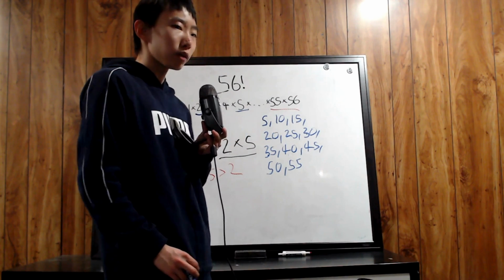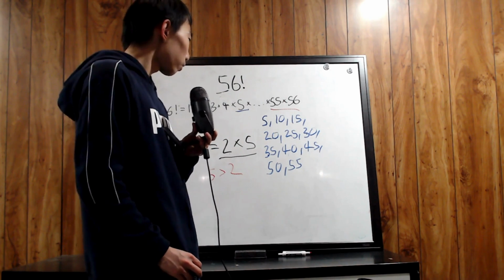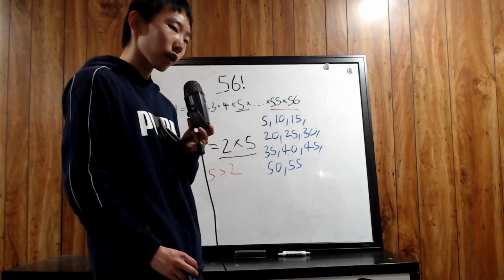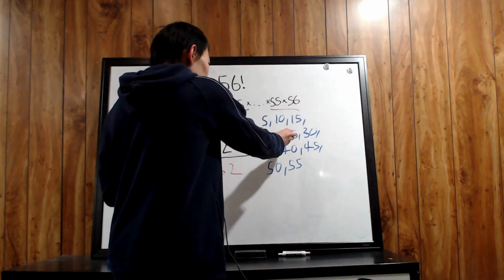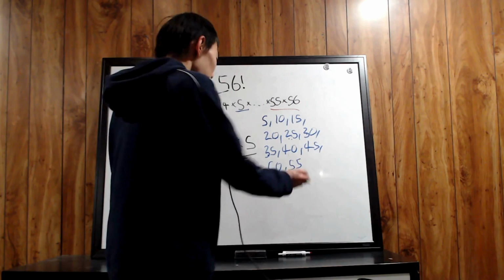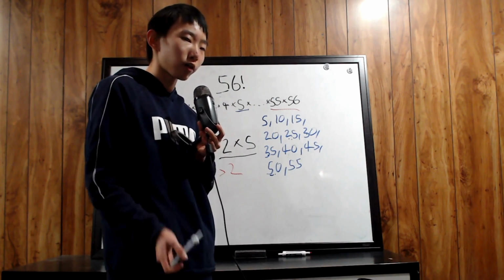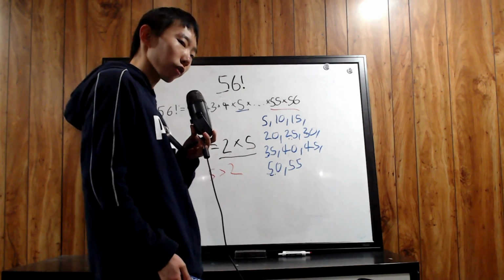So we have to determine the numbers that have more than one factor of 5. Well, which numbers here have more than one factor of 5? Notice that 25 is 5 squared, so that's 2 factors of 5 there. And notice that 50 is 2 times 25, which is 2 times 5 squared. Again, 2 factors of 5.